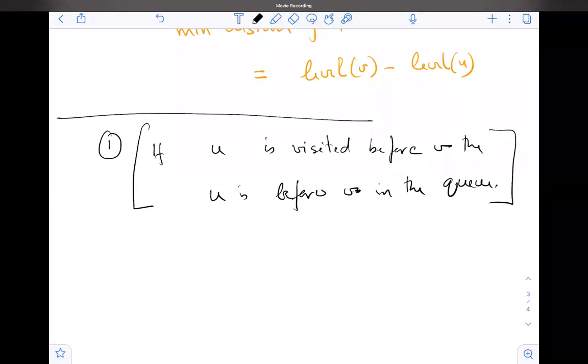Sir, if U is visited before V, then that's how the queue would be made, right? That's how the queue is made.